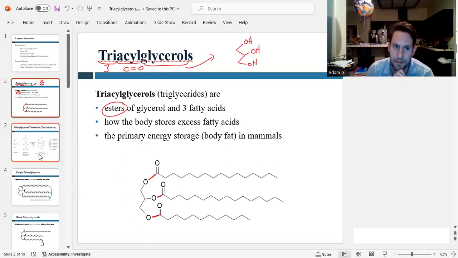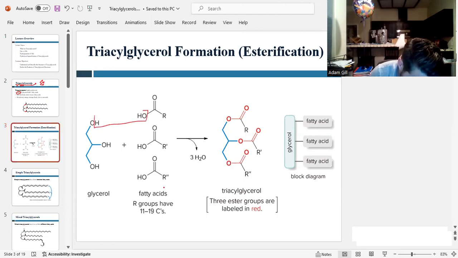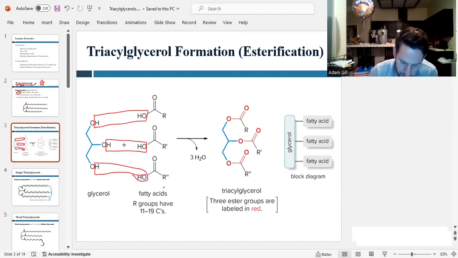So how do we make this? Well, we got to start with glycerol, and we got to have 3 fatty acids, and we are going to remove the H and the OH from each one. So it's an esterification reaction, just like we saw with the waxes.